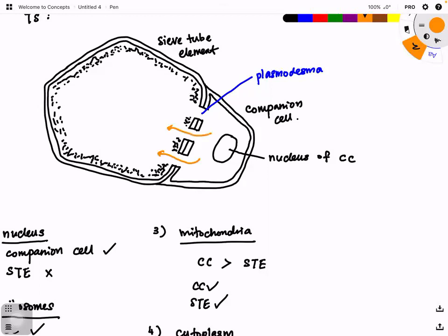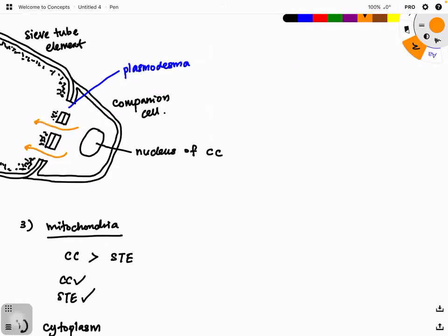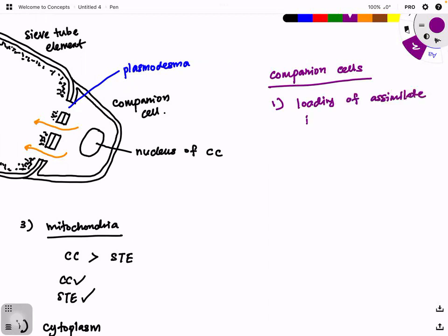So the role of companion cells: first, loading of assimilate into sieve tube elements, and number two, synthesize protein for sieve tube elements.